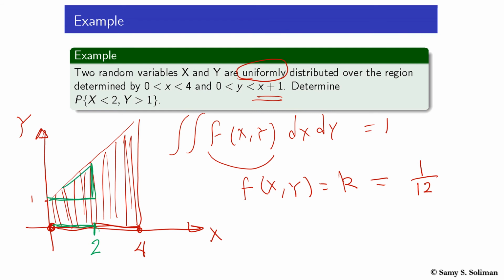So this is the area shaded in green. It can be easily calculated that this area is 2 times 2 times half.